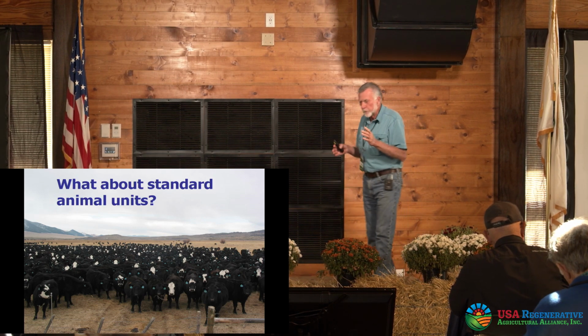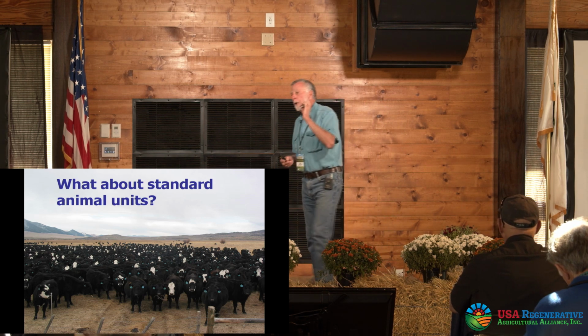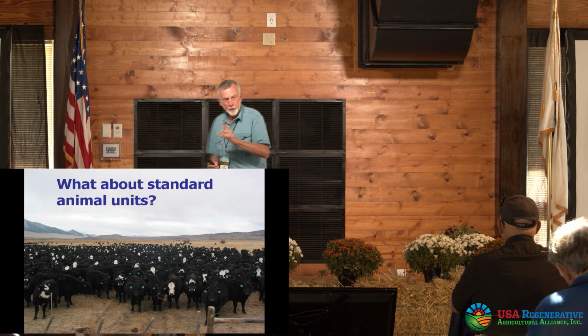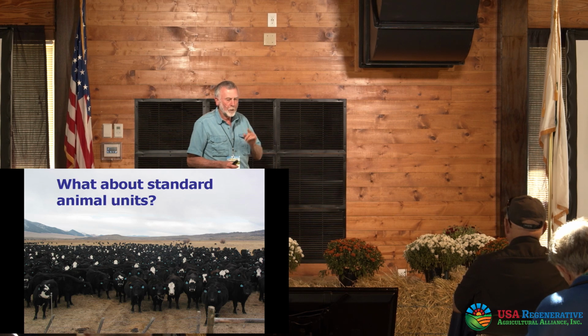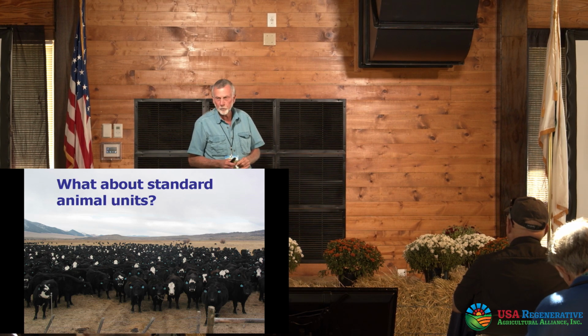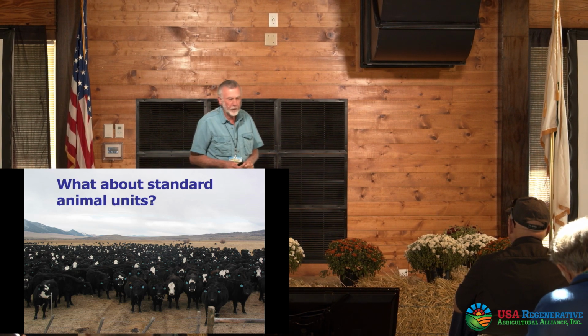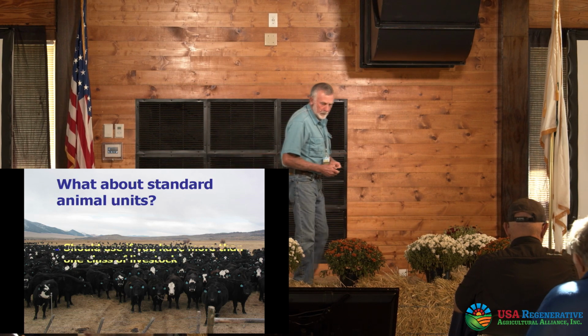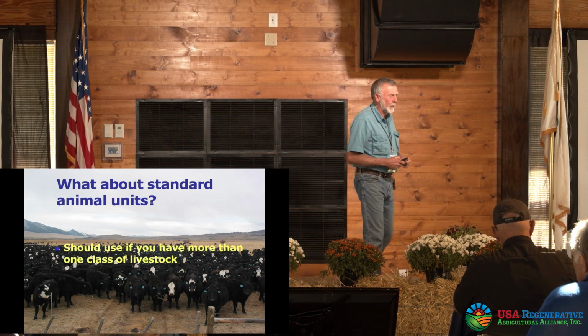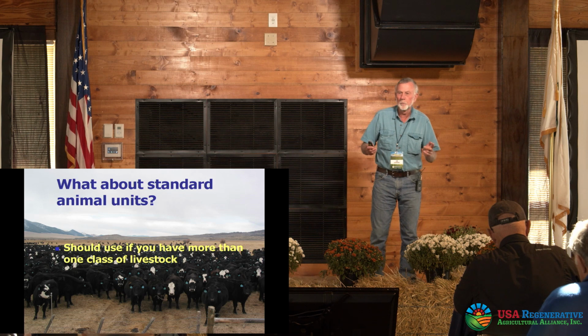So there's a little confusion in the definition, but what is not ambiguous at all is how much that actually is. A standard animal unit day is 26 pounds of dry matter forage consumed.